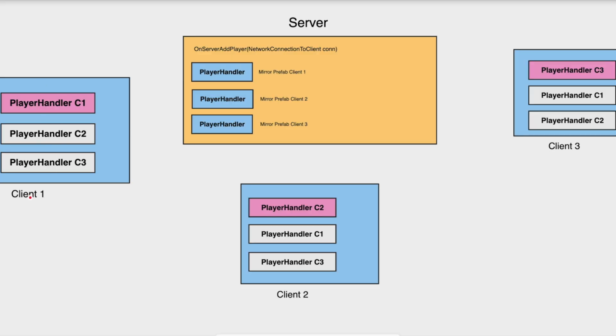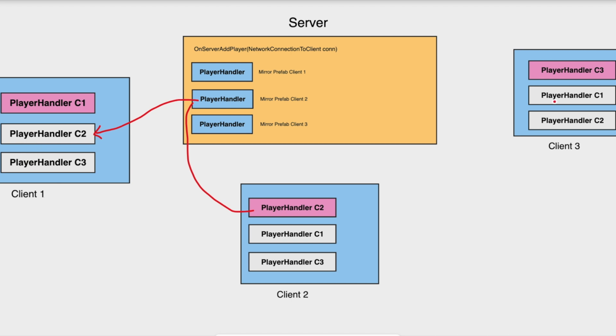So let's assume this is our first client that spawned, and this is the second client that spawned after the first client. So the second client's player handler will connect to the server, and this will send the client RPC to its player handler which exists on client 1. So once this is spawned, this will tell, hey, this is my red, blue or yellow player that needs to be spawned on client 1 as well.